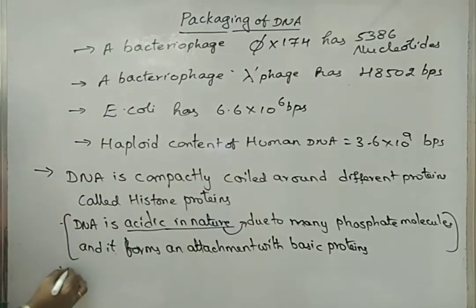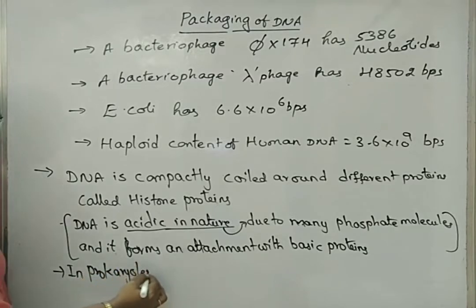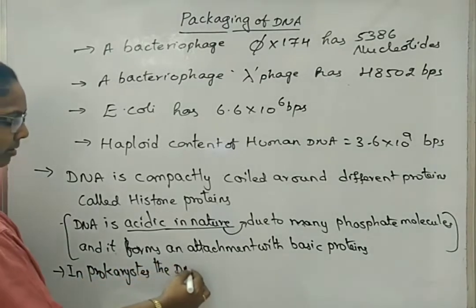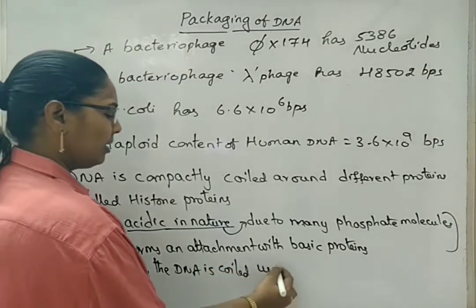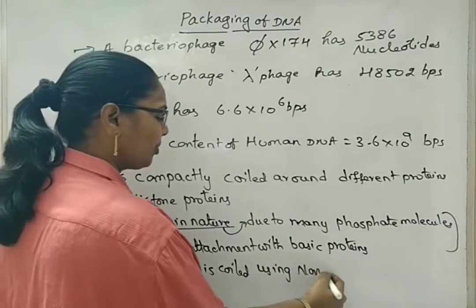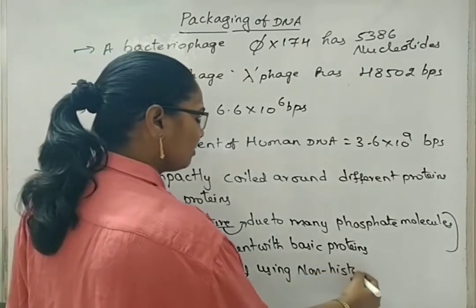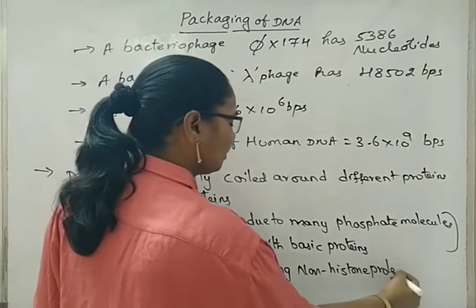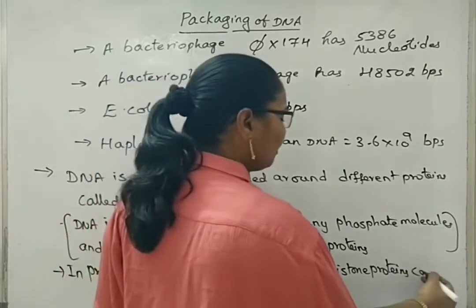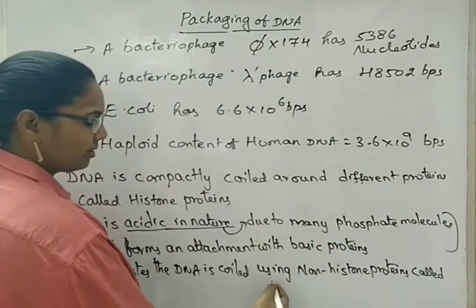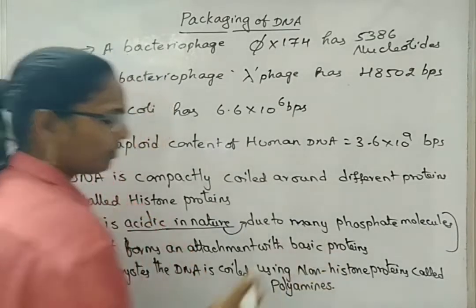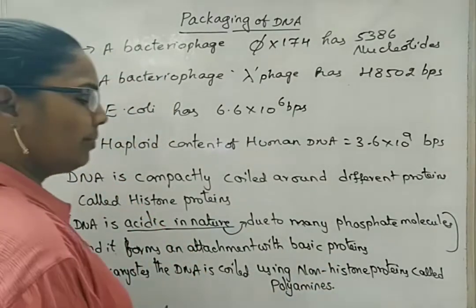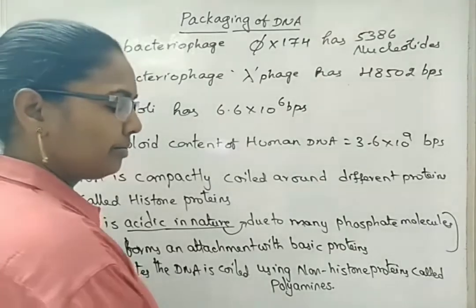Now, in prokaryotes, the DNA is coiled using non-histone proteins called polyamines. But in eukaryotic cells, we have histone proteins.